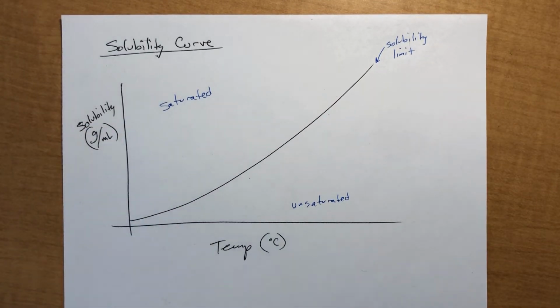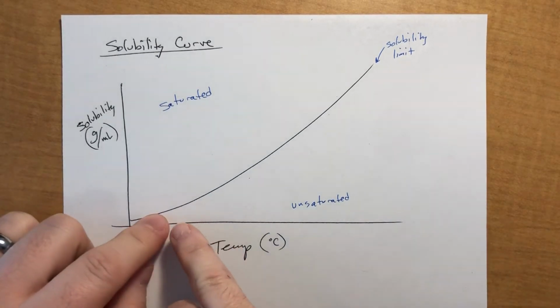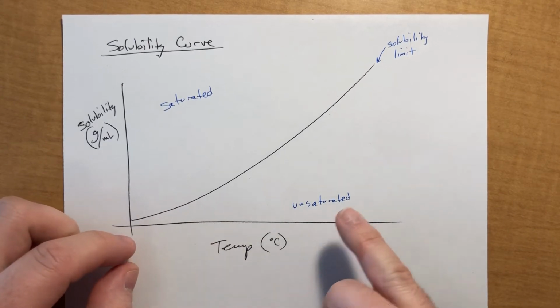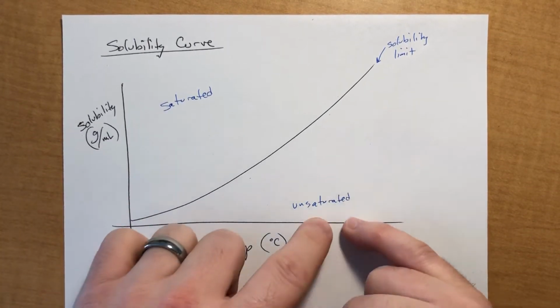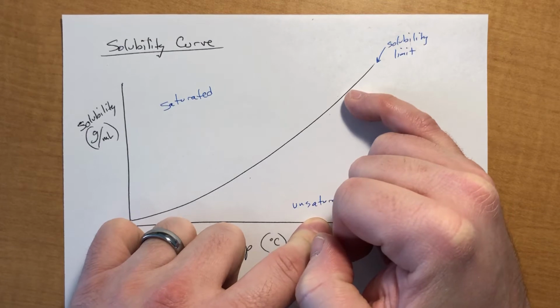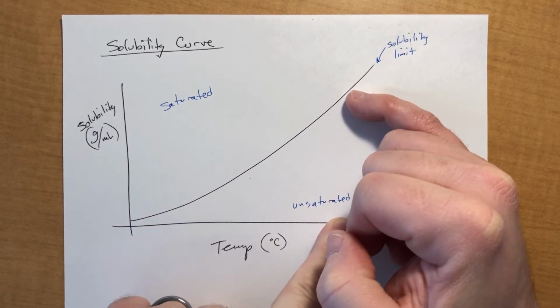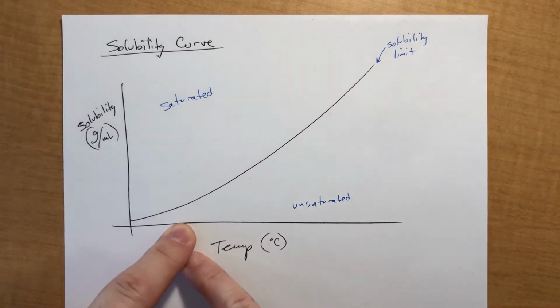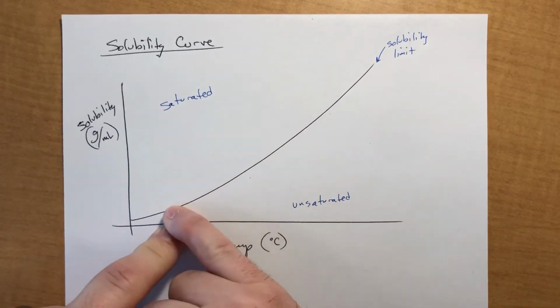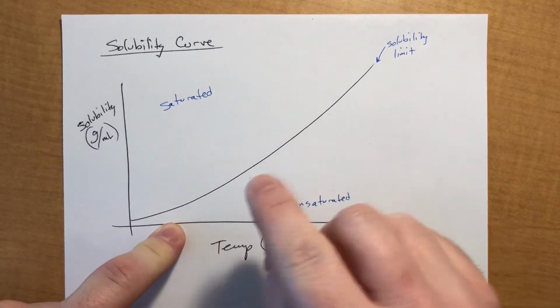It is literally explained by this curve. So sugar dissolves pretty well in water, and we can ignore the fact that it's tea. If you were at a reasonable temperature, you can get quite a bit of sugar to dissolve in there. But if you order iced tea and it's cold, the amount of sugar you can dissolve is very, very low, which is why the sugar particles just sit at the bottom.